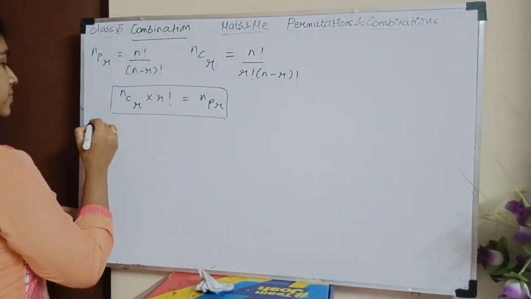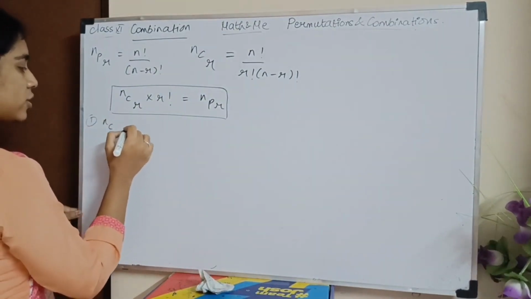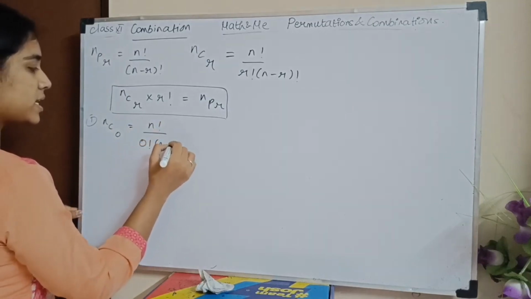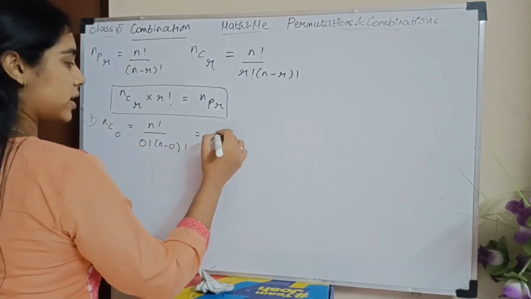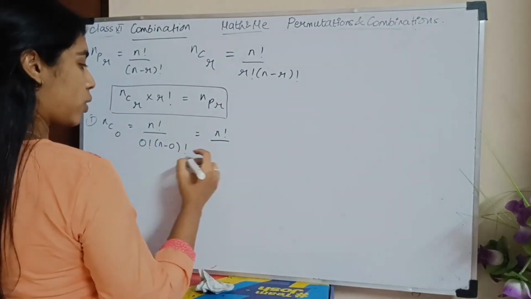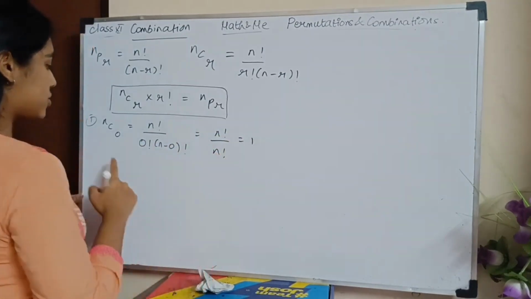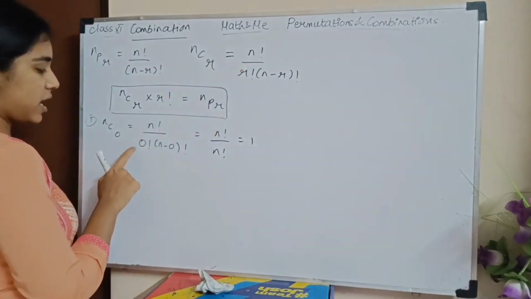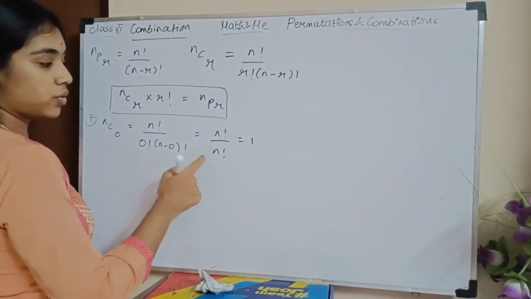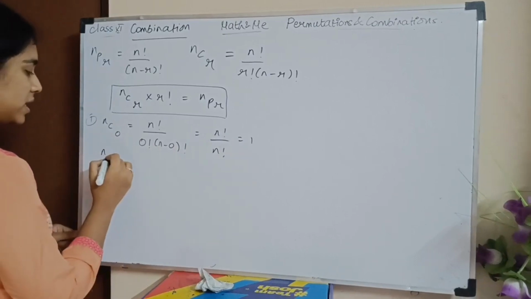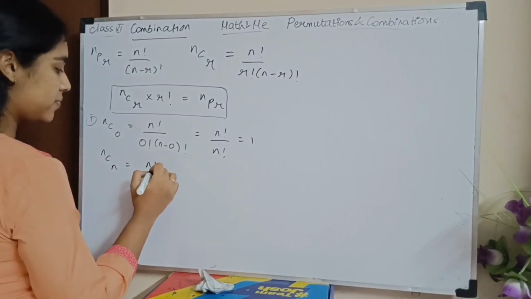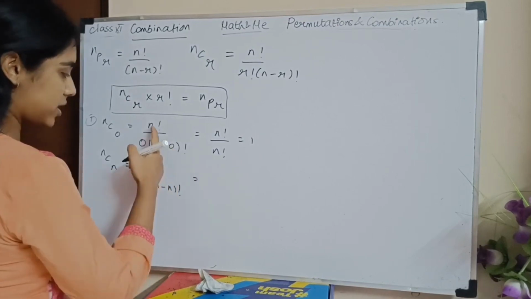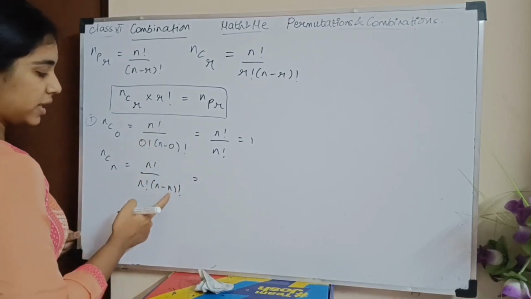There is one more thing. nC0 will be n factorial divided by 0 factorial times n minus 0, the whole factorial. So it will be n factorial divided by 1 times n factorial. So applying the formula for nC0, I have n factorial over r factorial times n minus r factorial, so this will be 1. Similarly nCn will also be n factorial over n factorial times n minus n, the whole factorial, which is n factorial and 0 factorial.